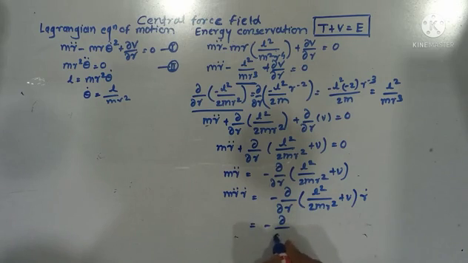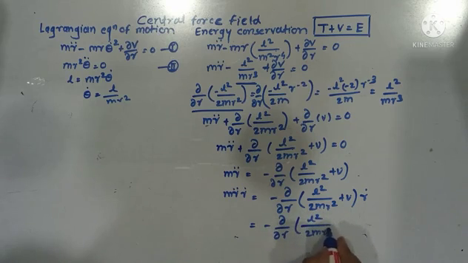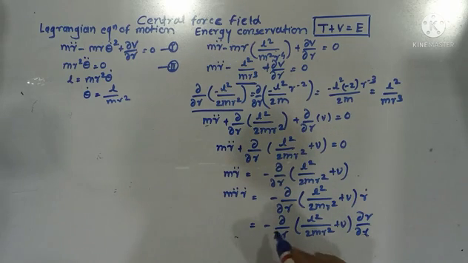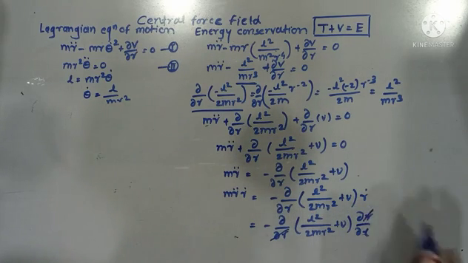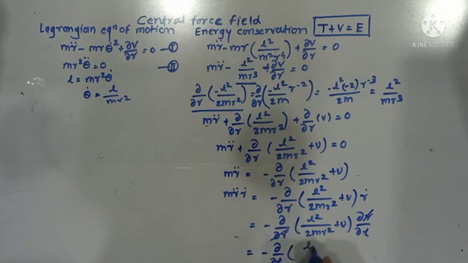This r dot is nothing but dou r upon dou t. Now this dou by dou r and dou r will cancel out, and what I'm left with is minus dou by dou t of L square upon 2m r square plus V is equal to m r double dot into r dot.